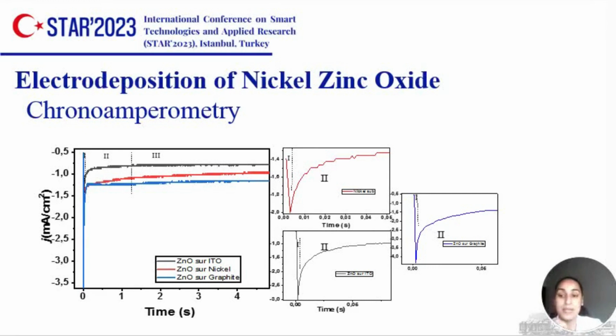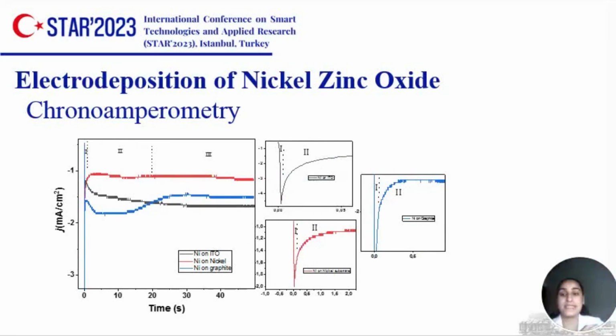The second part, part 2, signifies the growth of these nuclei, resulting in increased currents. Beyond the peak maximum, the diffusion controlled region, part 3, contributes to a recorded current decrease until it reaches a nearly constant value. This method serves as a highly valuable technique for investigating the nucleation and growth processes within the studied system.